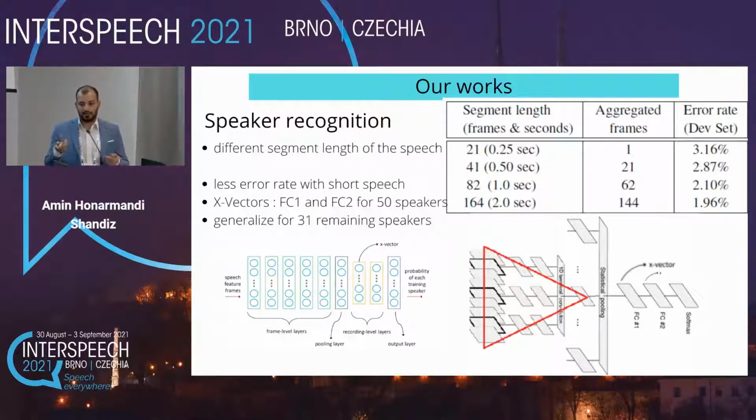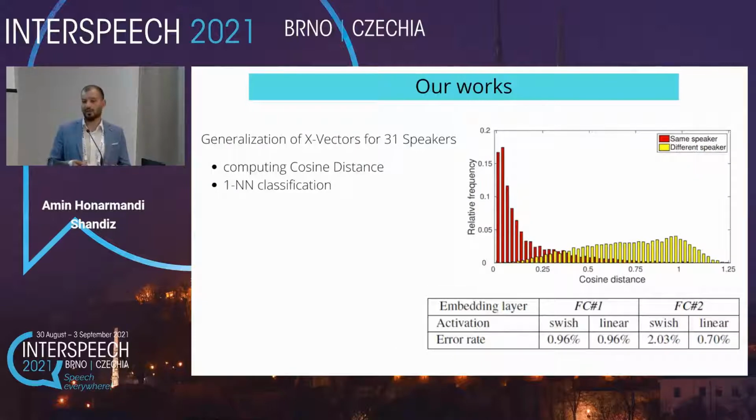Then we extracted X vector features from 2 fully connected layers after a statistical pooling layer, which here was global average pooling. And then we analyzed whether our extracted X vector is good enough or not. So we trained on 50 speakers, and then we generalized it over 31 speakers.